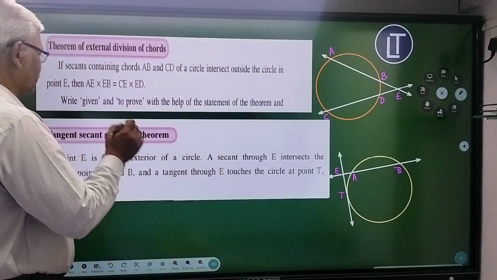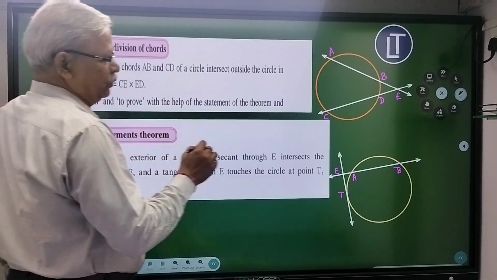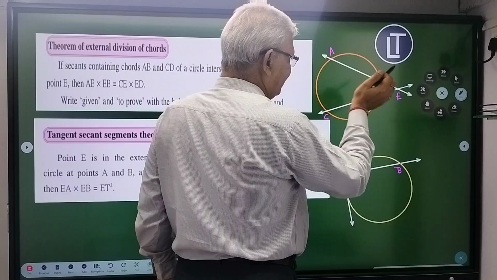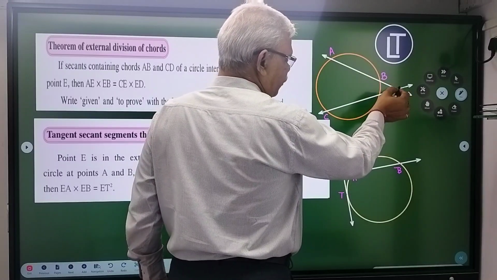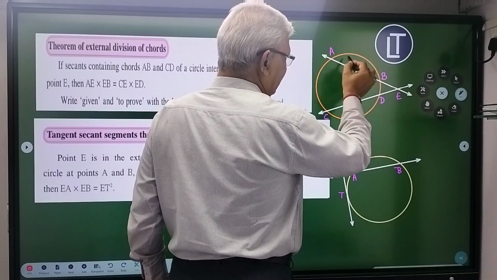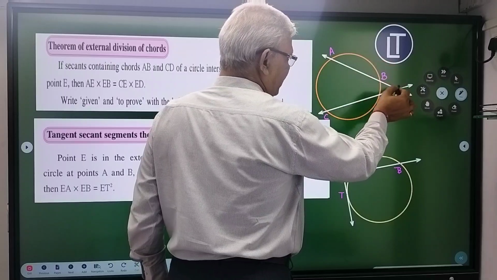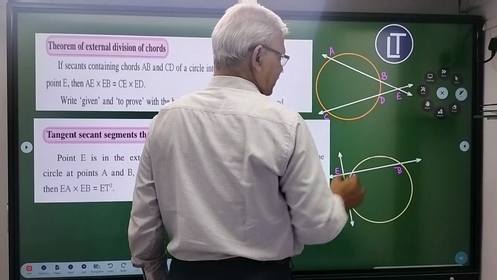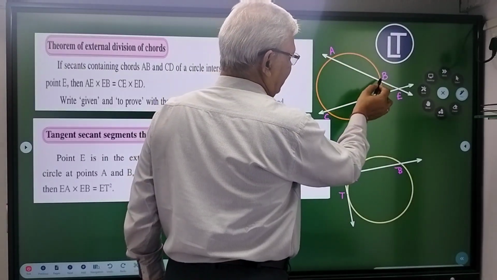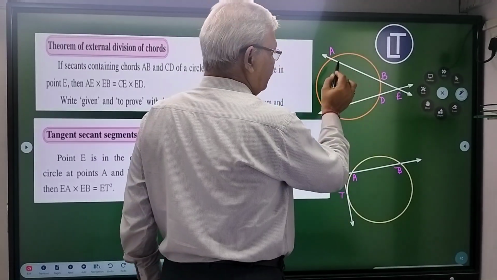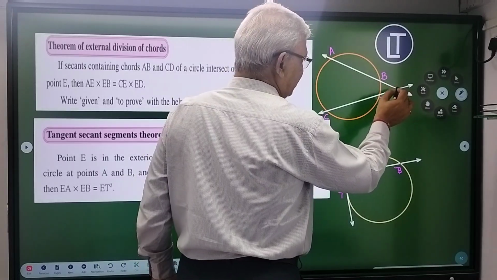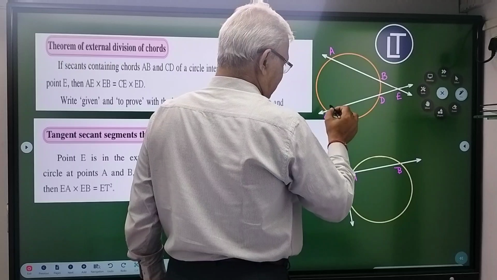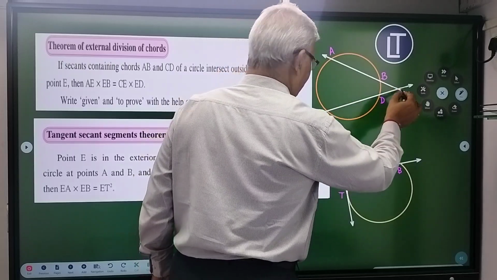Then according to this, you have to take the segments from the point of intersection, means AE and BE, and here CE and DE, not like AB and BE. You have to take from the point of intersection: AE into BE is equal to CE into DE.